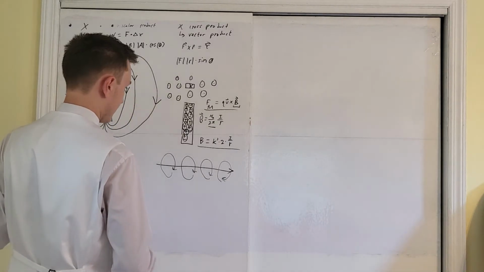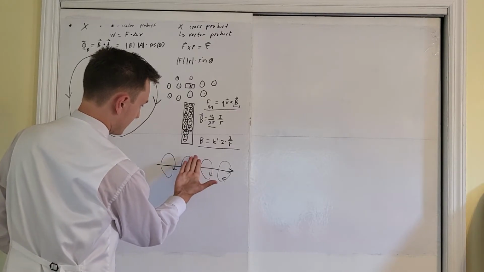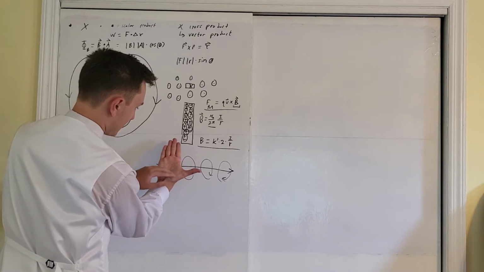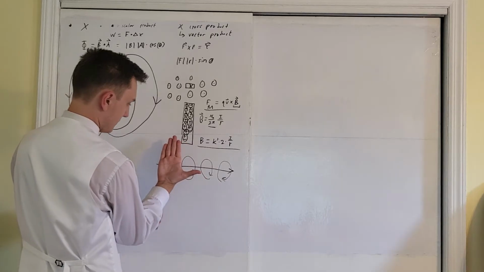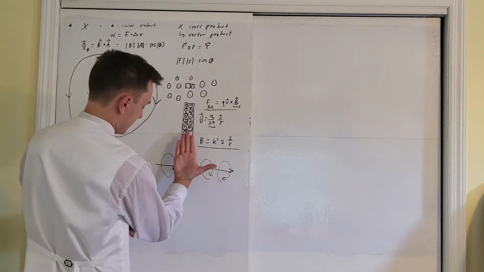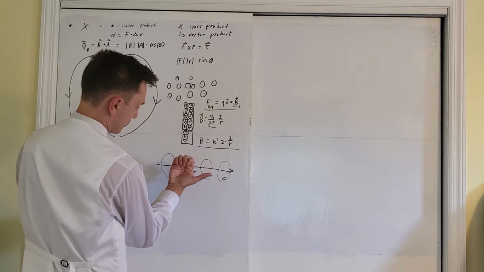And here is the right-hand rule. If I take my right hand, I open it up, I should align my thumb in the direction of current, okay? That's step 1. I align my thumb to point in the direction that current is flowing, and then I curl my hand as such, okay?